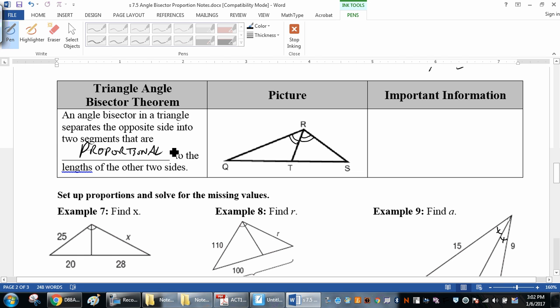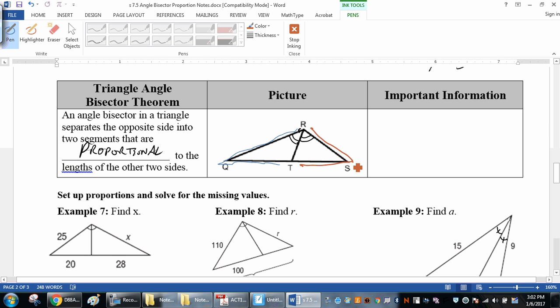Here's the way I like to set up my proportions. I like to use the side and the piece. Let me get a color here for you guys to see. The side here and the piece, the side here and the piece.